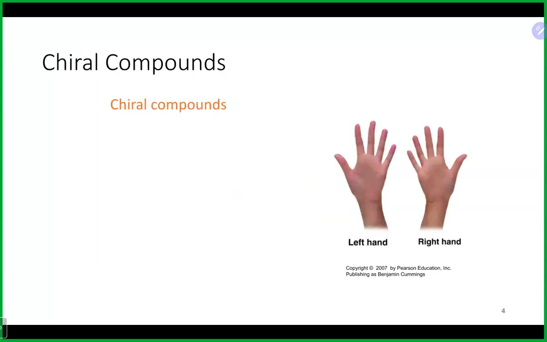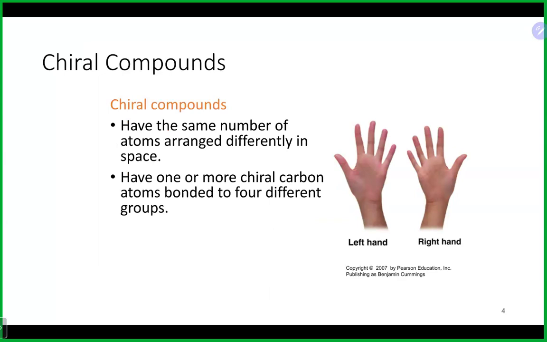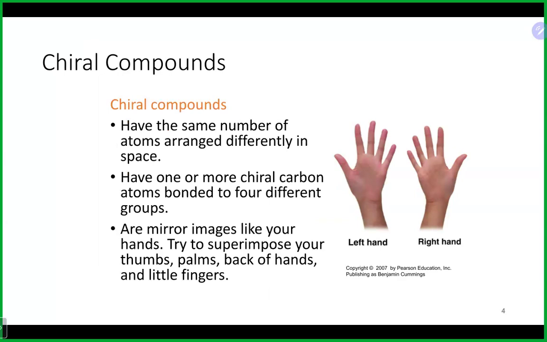So let's first talk about chiral compounds, and we'll explain why there's hands here in a second. Chiral compounds have what are sometimes referred to as a chiral center or a chiral carbon.